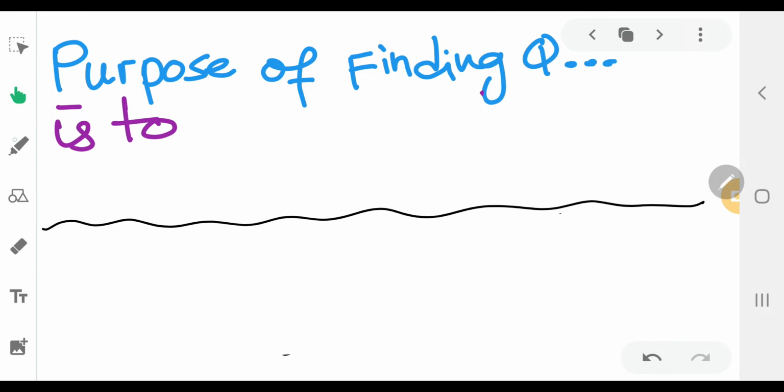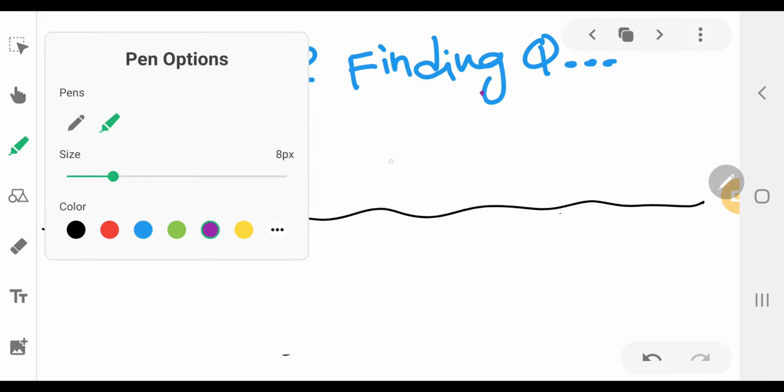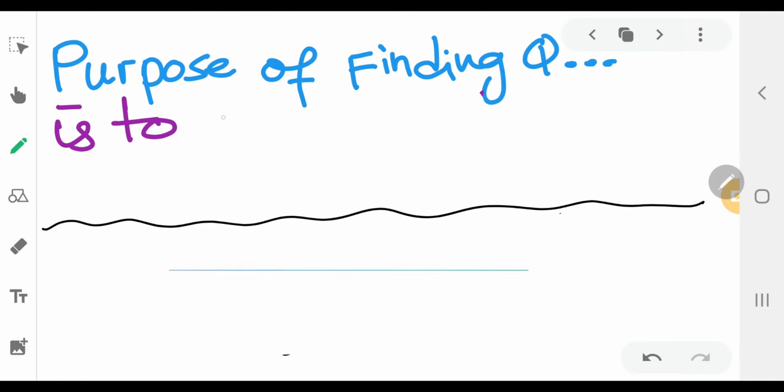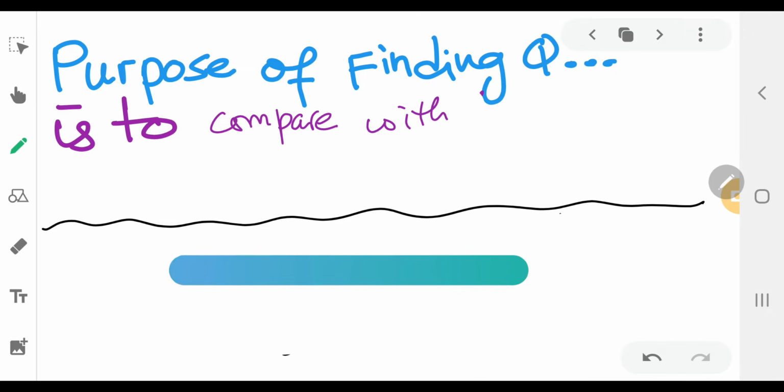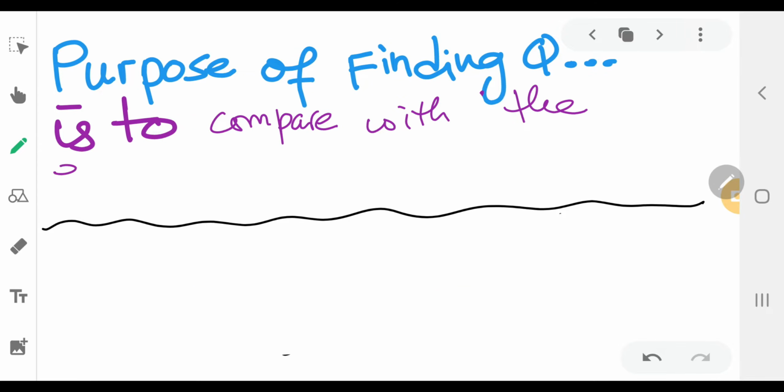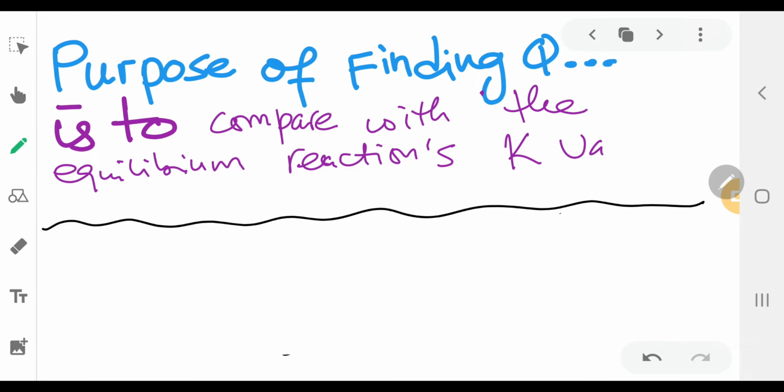So what is the purpose of finding Q? Why do we need to find Q? The purpose is, in exams, you need to find Q because you have to compare it with the equilibrium reaction's K value, just like we talked about in the beginning.